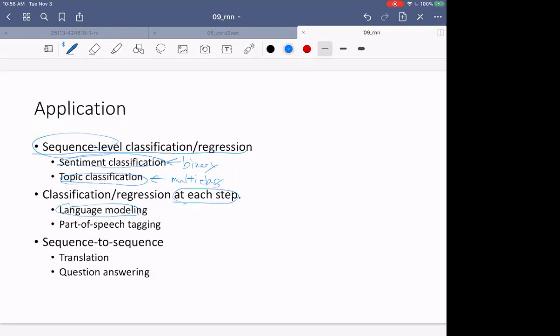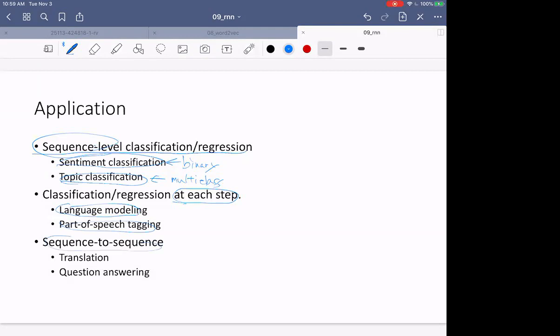Like, I am a good blank, and the blank could be boy or person or student. Part of speech tagging is like, what's the part of speech of your word? Is it a verb, a noun, an adjective or adverb? When you inject each word at each time step into the RNN, you must make a prediction of what type of part of speech the given word is.